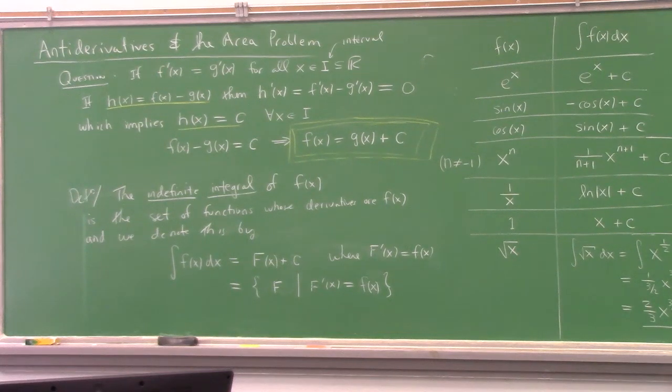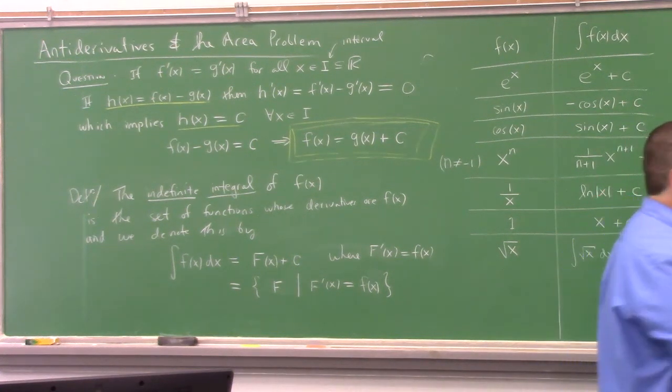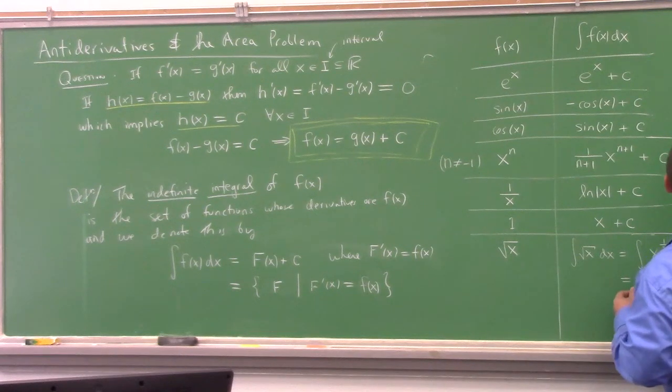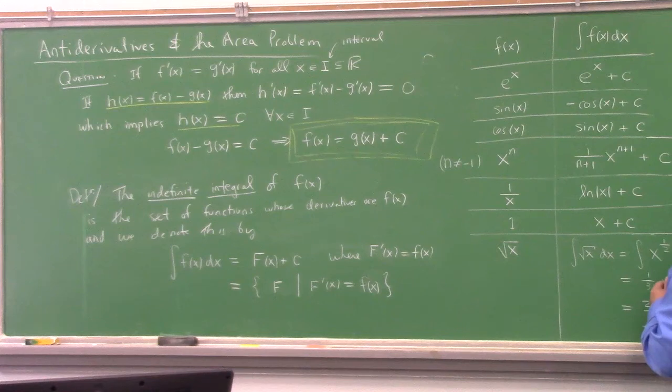What are further properties of anti-differentiation? These are theorems that are pretty easy to check. The integral of f plus g dx is the integral of f dx plus the integral of g dx.